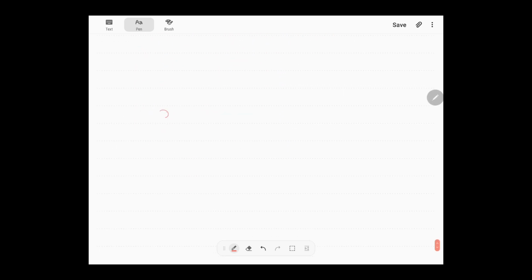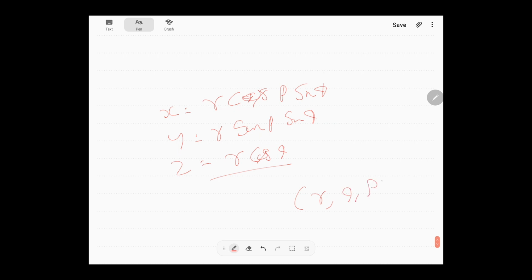If somebody writes x is equal to r cos p sin q, y is equal to r sin p sin q, z is equal to r cos q, then the polar coordinates are r, q, p.